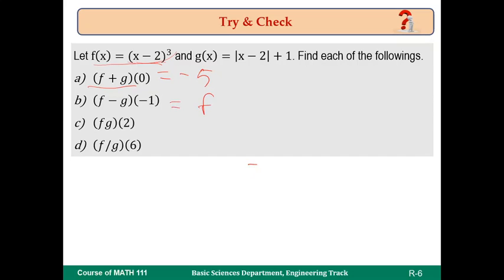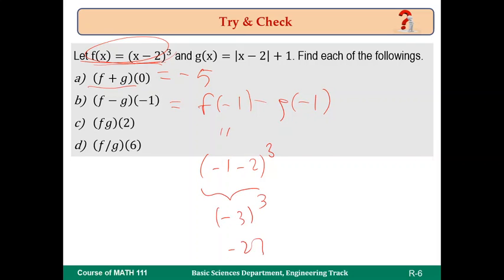And for this one, we will have f of minus 1 minus g of minus 1. And then we will evaluate the functions at minus 1. So this will give us minus 1 minus 2 cubed. And this becomes minus 3 cubed, and this becomes minus 27.